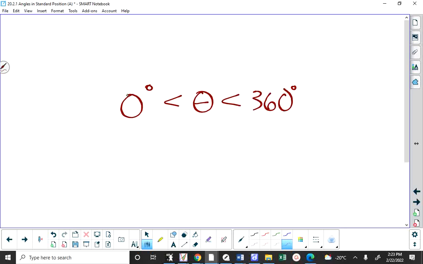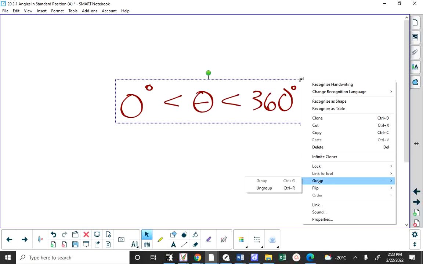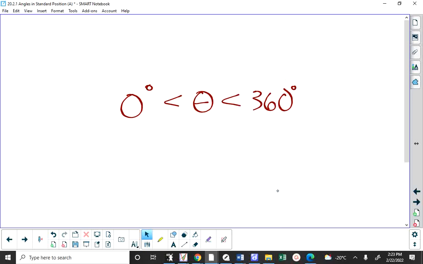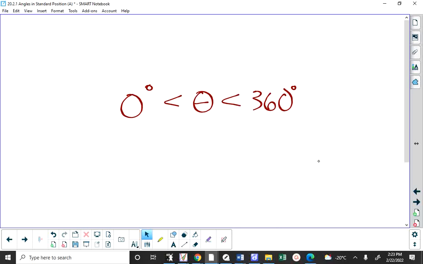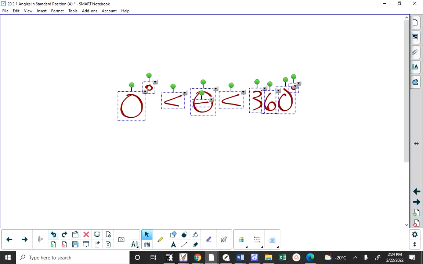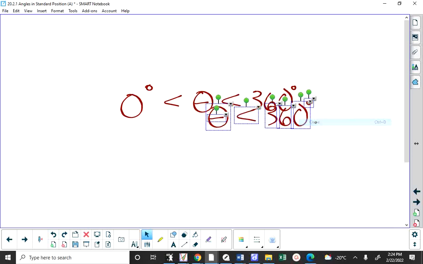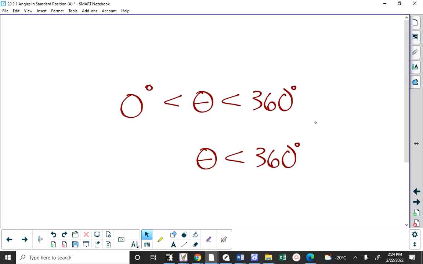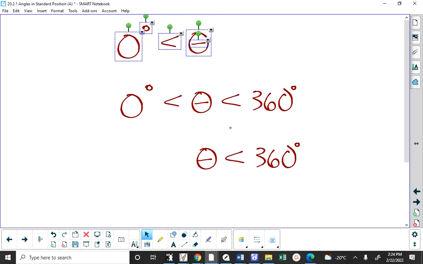Well, this has 2 statements in it. One of the statements is this statement. And one of the statements is this statement.